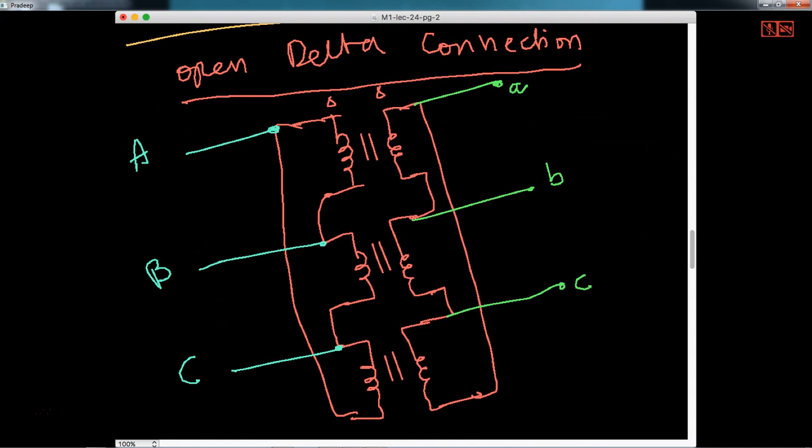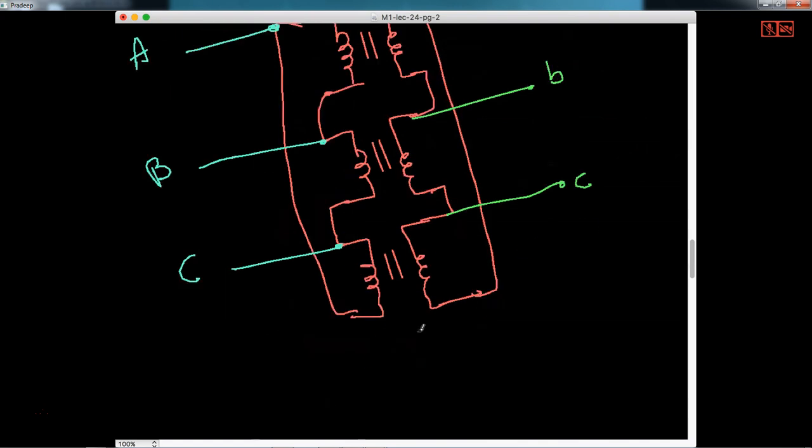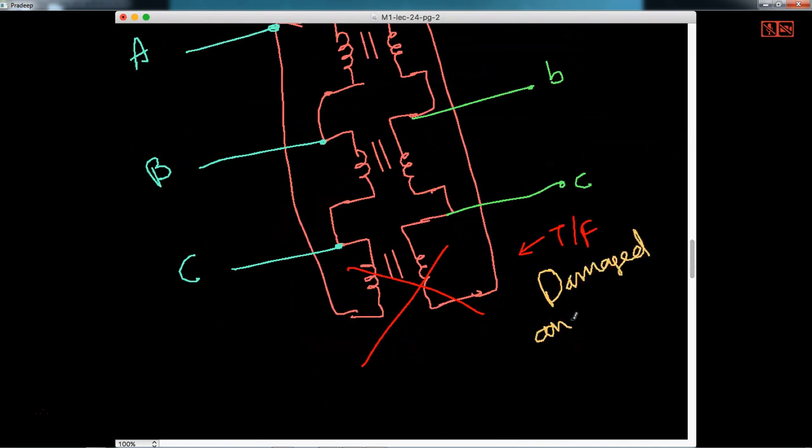Now imagine one of the transformers is damaged. Let's say this transformer is damaged. If it is damaged, then you have to disconnect this transformer.